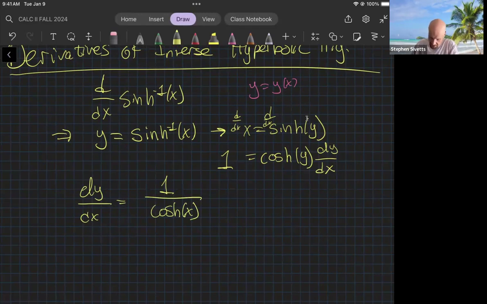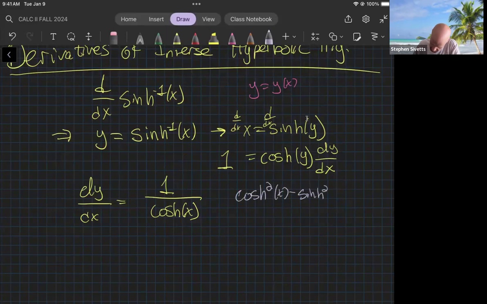But we want to write this in terms of hyperbolic sine, since we're referring to the inverse hyperbolic sine. So we have to write this quantity in terms of hyperbolic sine. Well, recall one of your identities: hyperbolic cosine squared minus hyperbolic sine squared of x equals 1, right?